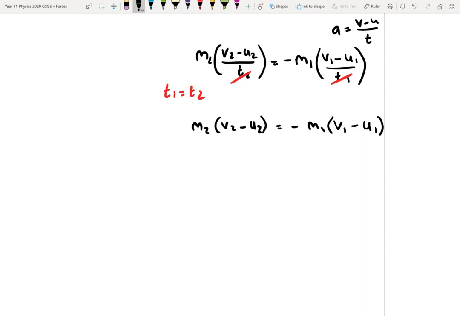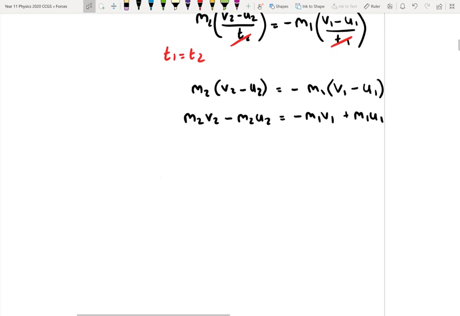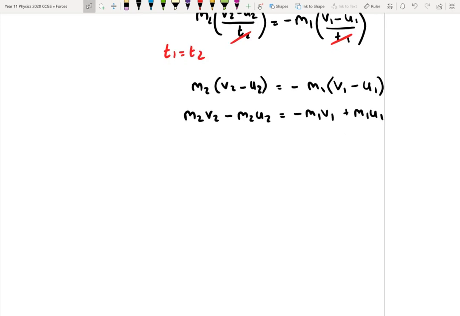Now let's expand them out. So we'll get M2 v2 minus M2 u2 equals negative M1 v1, double negative, plus M1 u1. Let's put all of the initials on the right-hand side and all of the finals on the left.